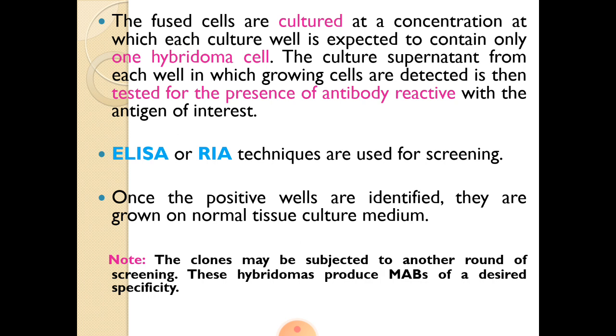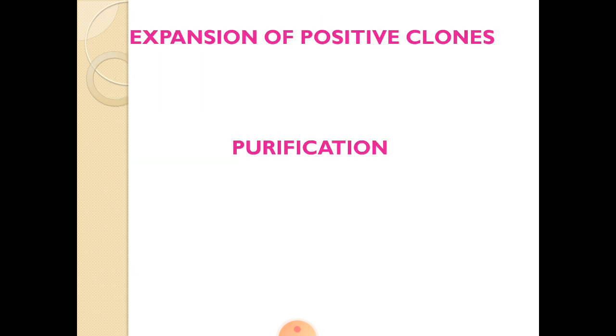Once the positive wells are identified, they are grown on normal tissue culture medium. Note that the clones may be subjected to another round of screening. These hybridomas produce MAbs of a desired specificity.